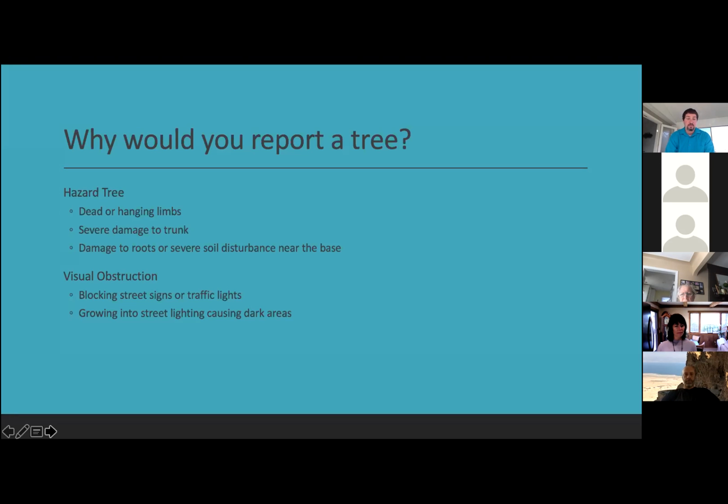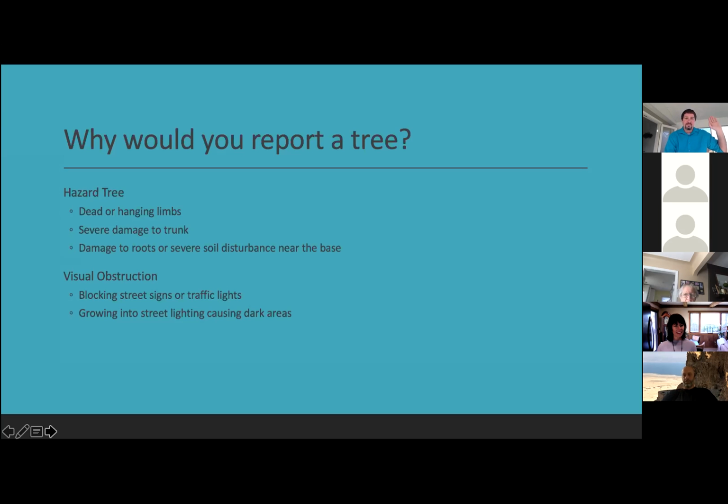The other reason is that if it's a visual obstruction, if it's blocking street lights or a traffic sign. Sometimes I've seen where a limb is growing, and usually it's on the Norway maples. I don't mean to pick on them, but that's just usually what happens. They like to grow in front of a stop sign.